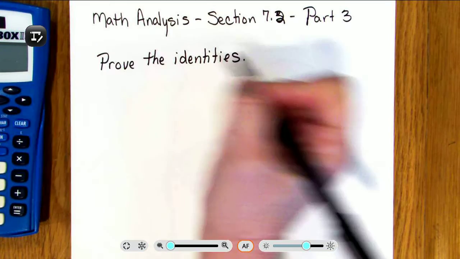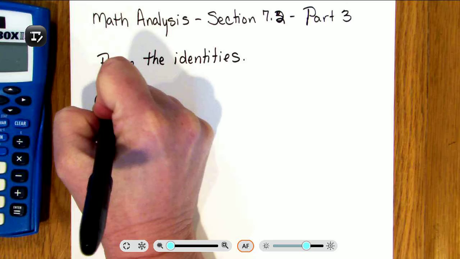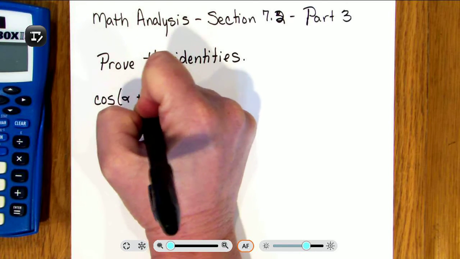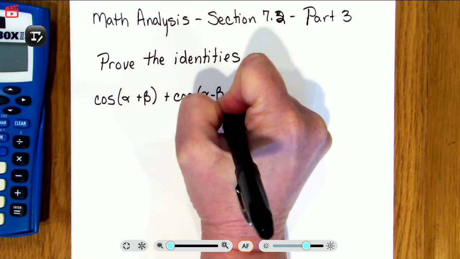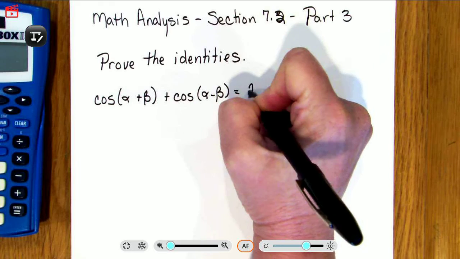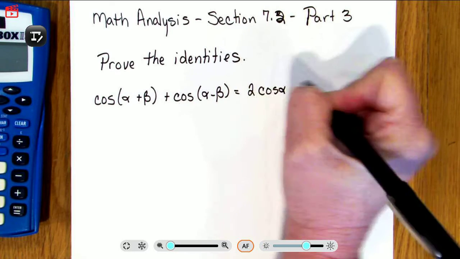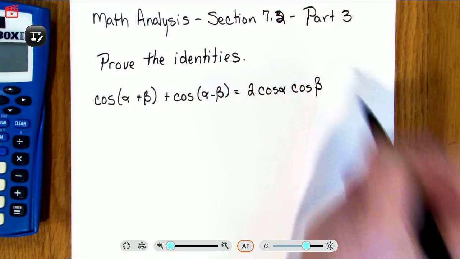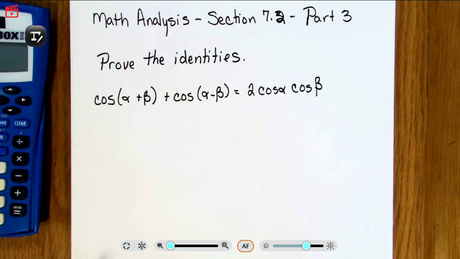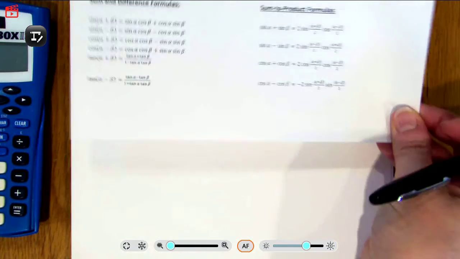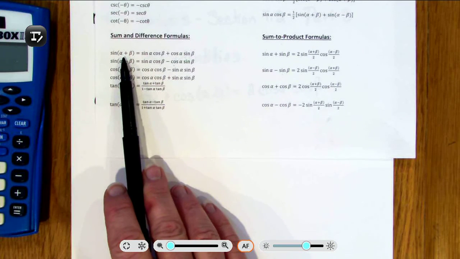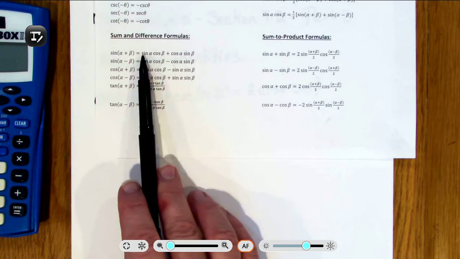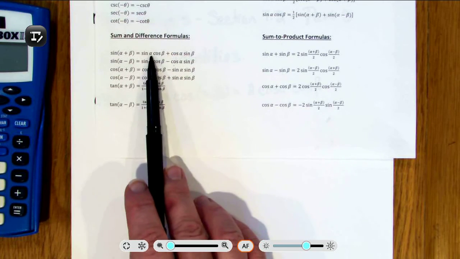So we are going to prove this first one, that the cosine of alpha plus beta plus the cosine of alpha minus beta is supposed to be equal to 2 times the cosine of alpha cosine of beta. One thing is when we are working with these sum and difference formulas, it is easier to probably go this direction than to try to build something here so that we can go back.